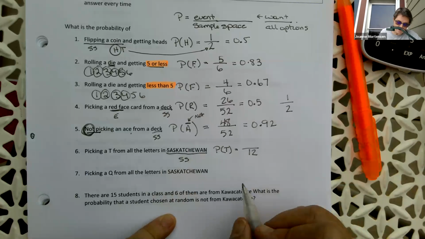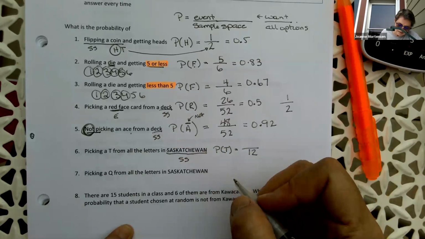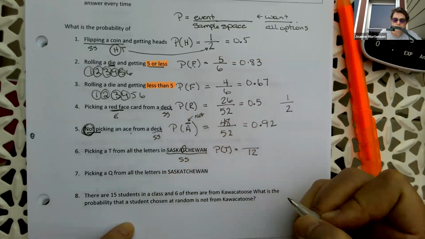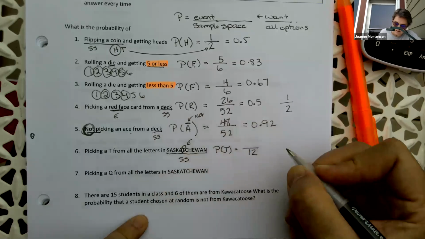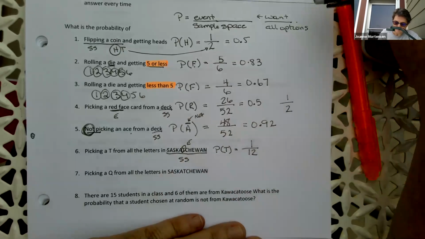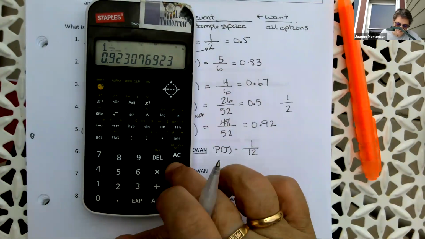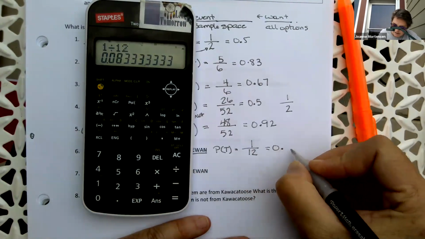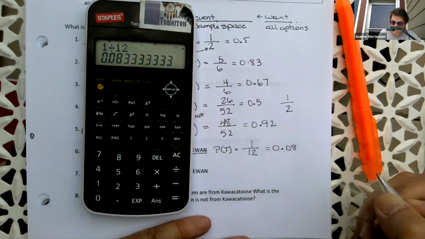There's 12. And it says picking a T. So there's my event, and there's 1. 1 out of 12 is 0.08. Ta-da.